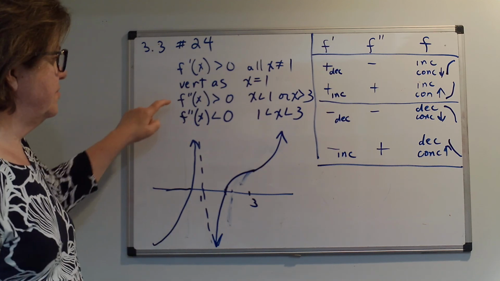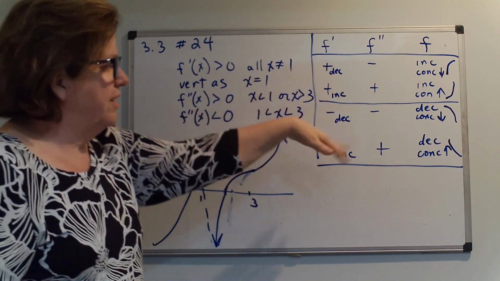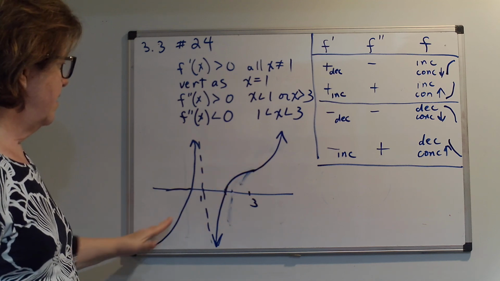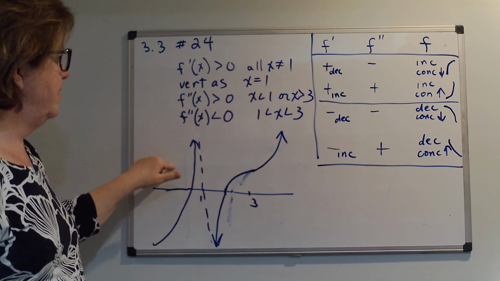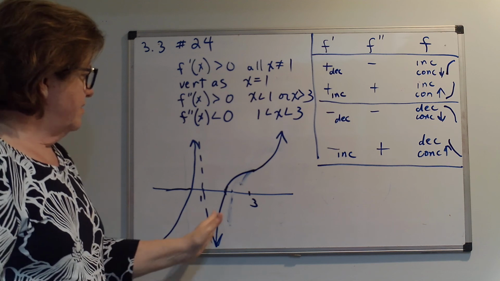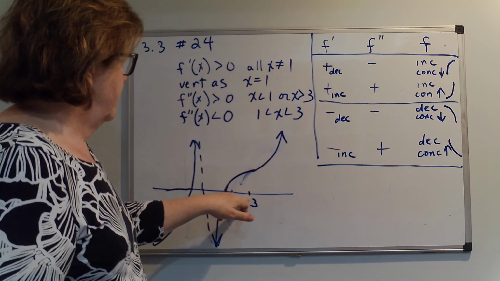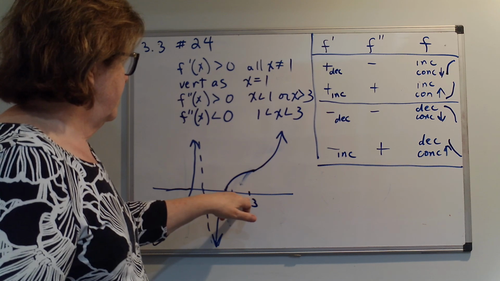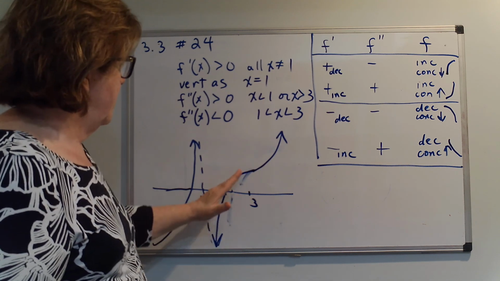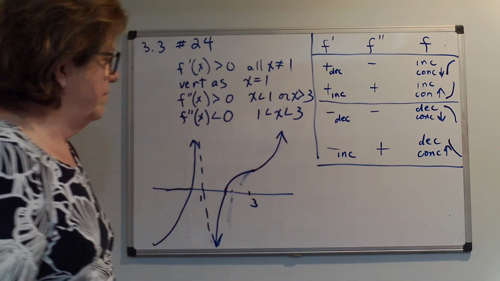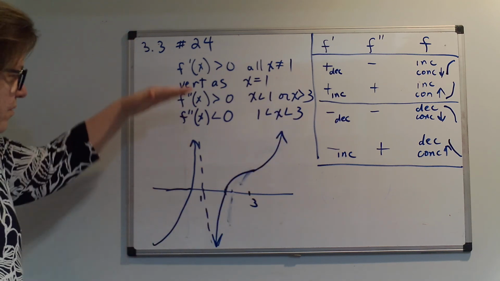So you see, I'm just taking each piece, figuring out what goes together, and then connecting them. This is concave up and increasing down here. This is concave down between 1 and 3, and then for bigger than 3, it's concave up.